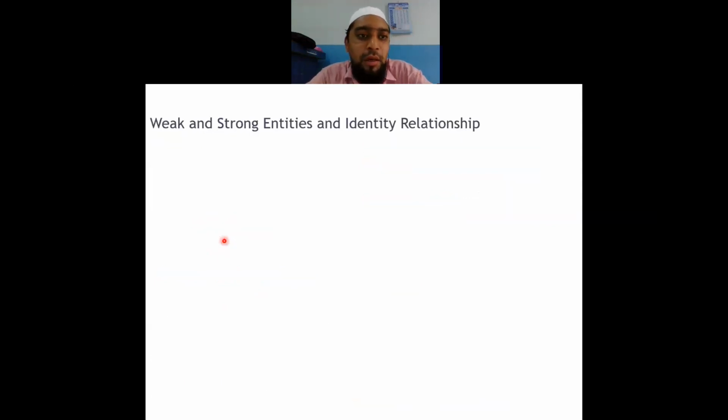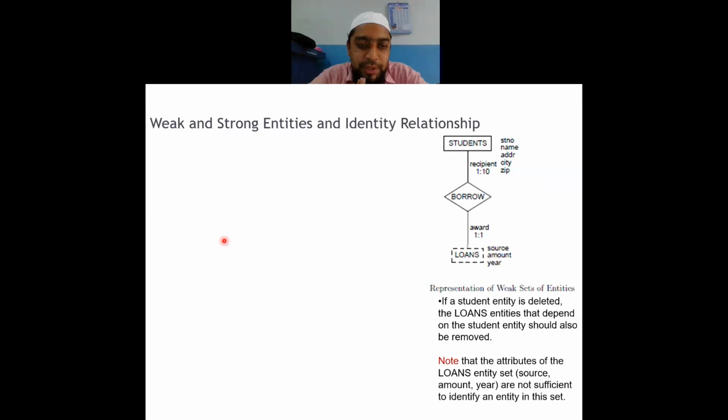Now coming to relationships, let us classify the entities further. We say that an entity set is strong if it is independent of any other entity set, if its existence is not dependent on any other entity set.